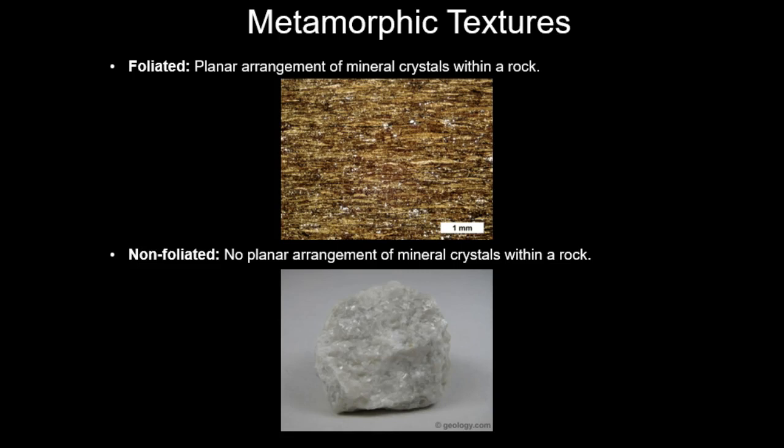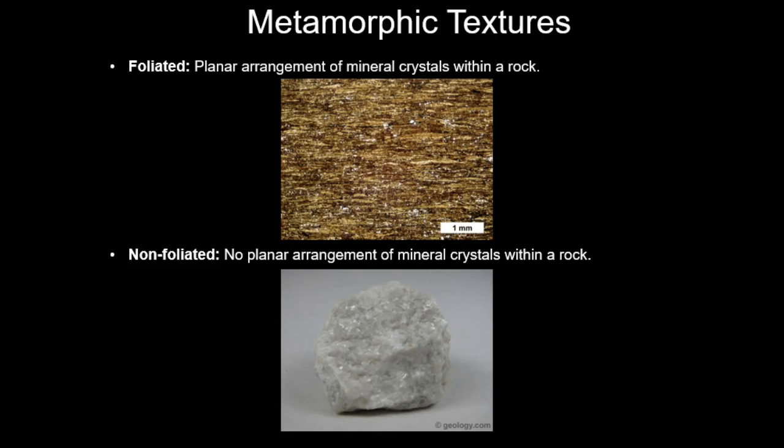Foliated textures include cleavage, which is where rocks can be split into tabular slabs, and compositional banding, where you have the separation of light and dark minerals showing a layered-like appearance. So most of the rocks are going to have cleavage, and then gneiss, which is a different type of rock towards the end of the foliated textures grade of metamorphism, is going to have the compositional banding.